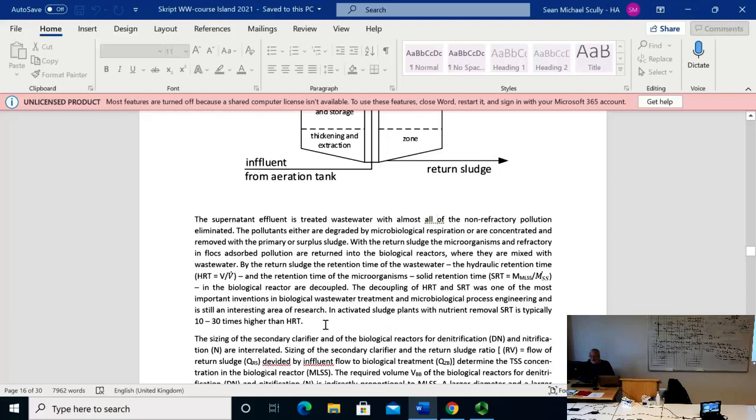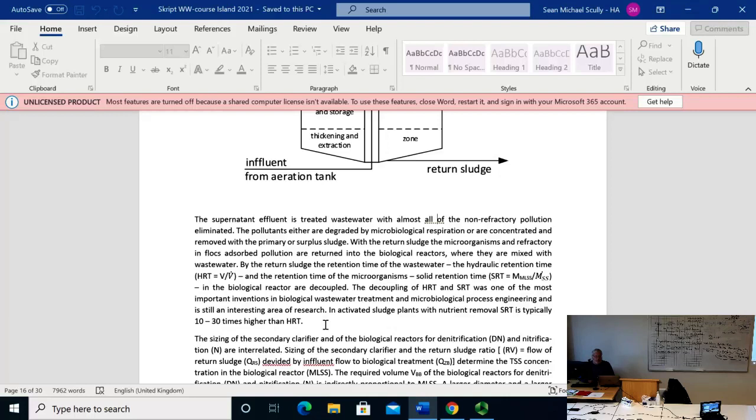This has to do with nutrient removal, the required time, and we're going to treat that extensively and soon in the biological treatment. We need an SRT which is superior to the inverse of the growth rates of the slowest growing required microorganisms.